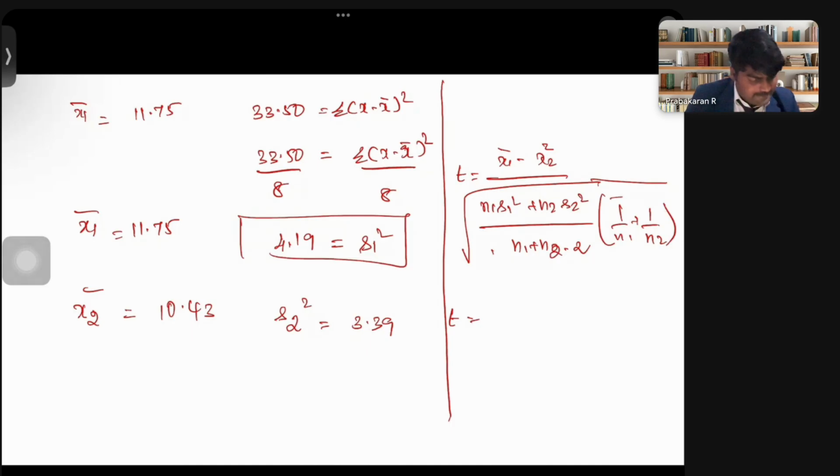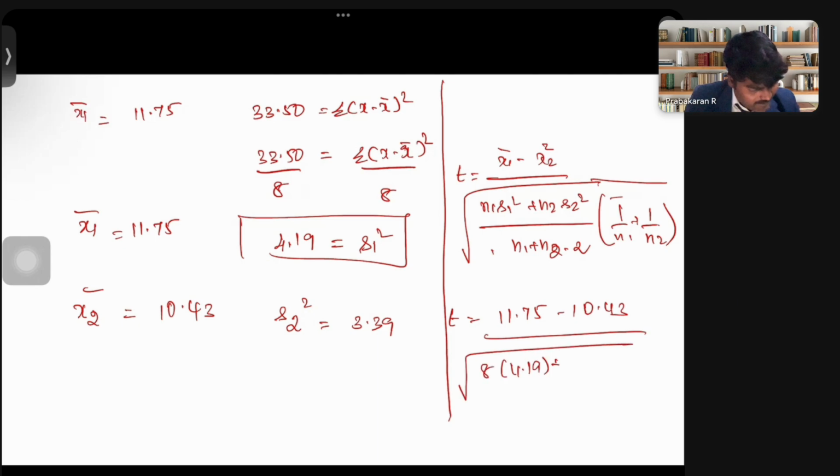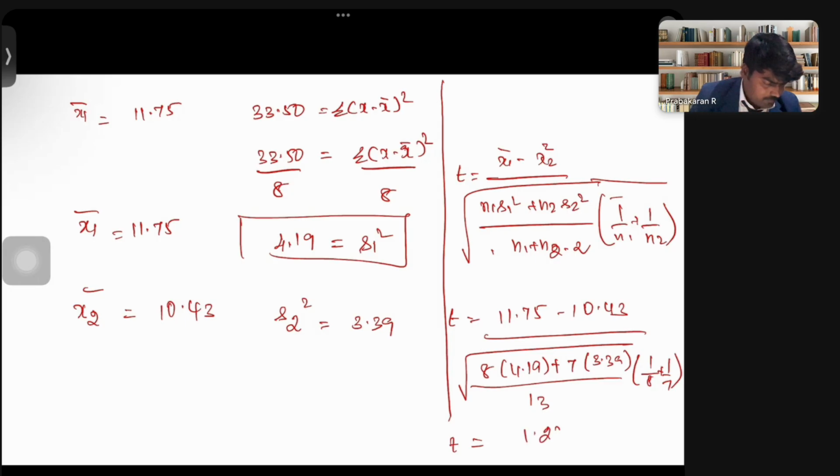So the x1 bar value is 11.75, x2 bar is 10.43, the first sample size is 8, the s1 square value is 4.19, the n2 value is 7, and s2 square is 3.39. 8 plus 7 is 15, 15 minus 2 is 13, and 1 by 8 plus 1 by 7. So use your calculator, the value is nearly 1.2.